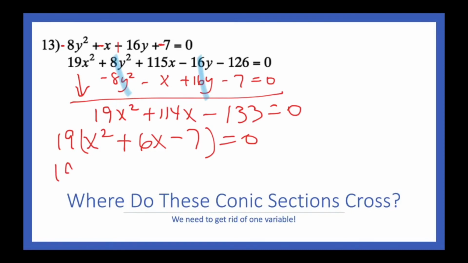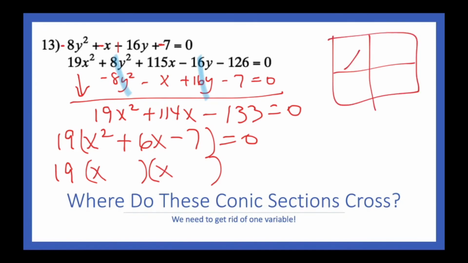We're going to do the box method on this one. We have x and x. What multiplies to be 7, that's 7 and 1. To make that 6 be a positive, the 7's going to have to be a positive, but the one has to be negative. So we're going to have x plus 7 and x minus 1.